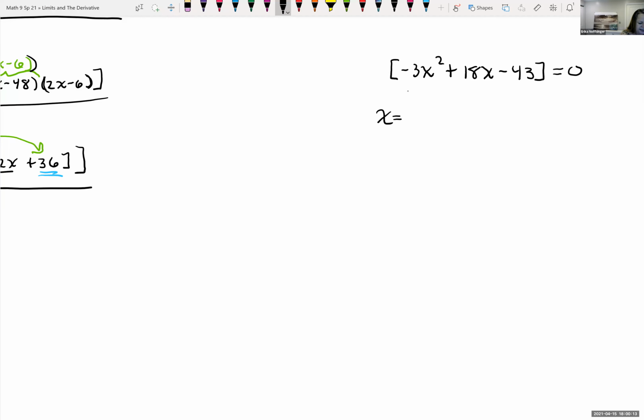So x is negative b, negative 18, plus or minus the square root. If you square 18, we get 324. Minus 4. So I'm going to just do it right now. So negative 4 times a, which is negative 3, times c, which is negative 43. That gives us negative 516.